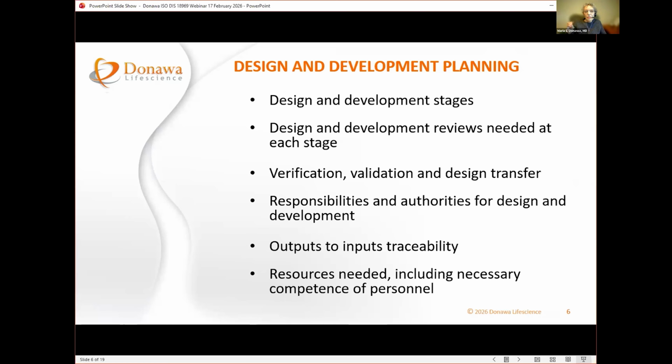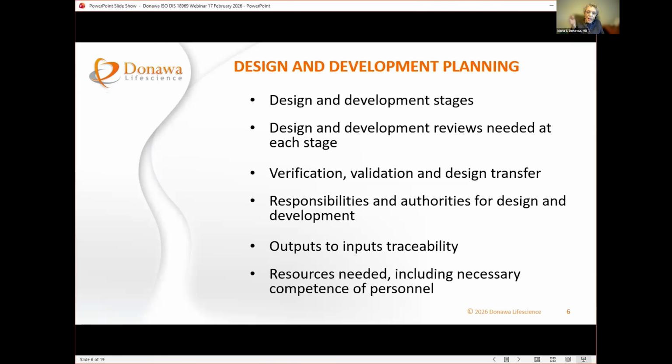So those of you who are familiar with the design and development process know that the planning stage is critical. You don't just launch into design and development. You really need to plan it carefully. You need to document it carefully. It's a very important part of the standard, and it's not always done in a way that should be done, but it's critical.